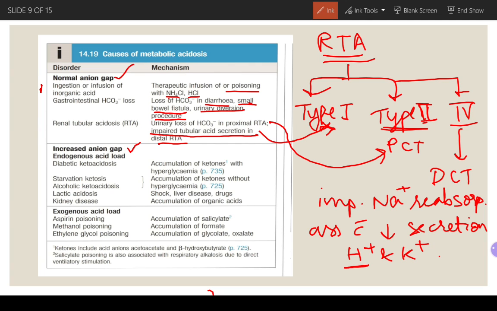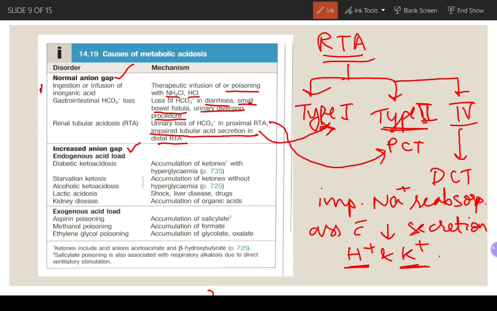So decrease in secretion of H plus will lead to acidosis, and it's also called hyperkalemic RTA because you also have a decrease in secretion of potassium, so that will lead to hyperkalemia. So type 4 is called the hyperkalemic type of RTA. Okay, so these are the causes for normal anion gap metabolic acidosis.